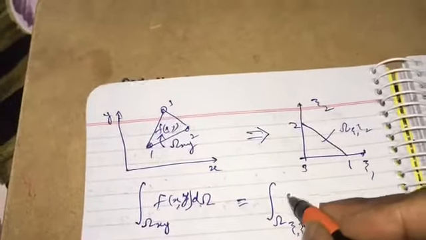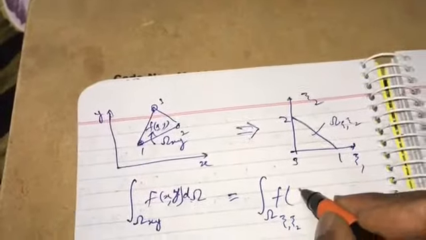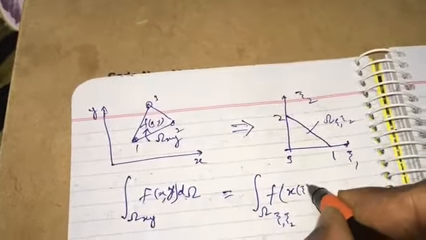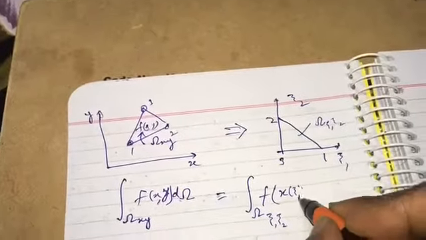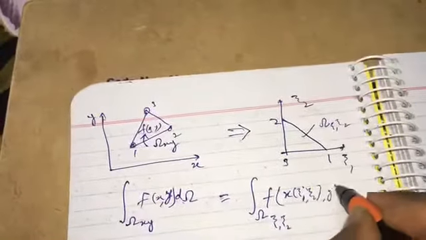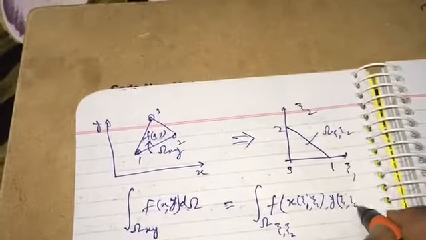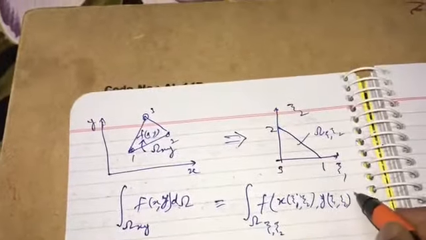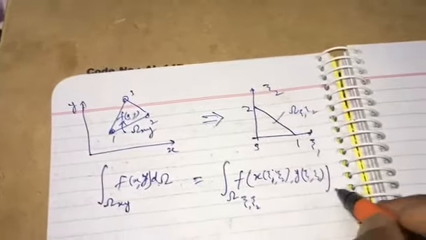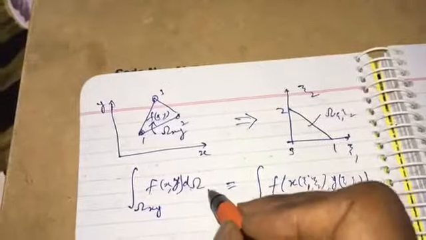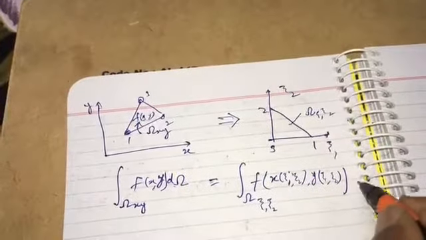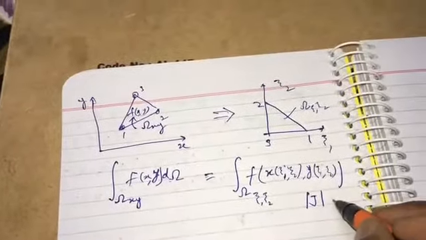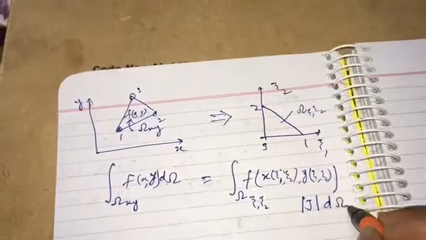So first you have to convert f into a function of xi1 xi2, and y is also a function of xi1 xi2. So you have to convert first x and y into xi1 xi2, and then multiply by the determinant of J, and d omega.